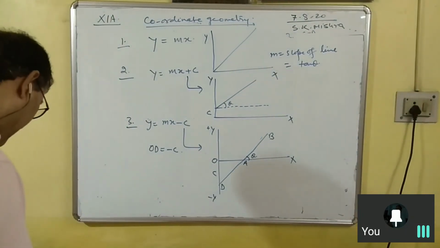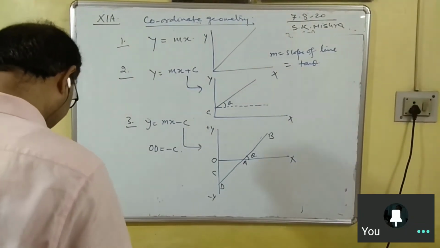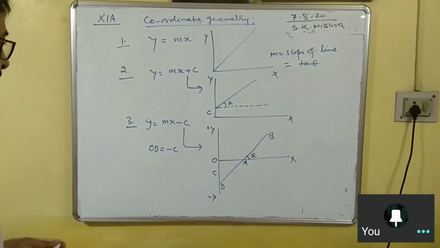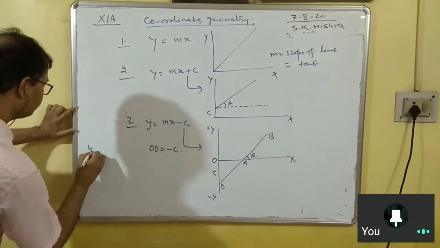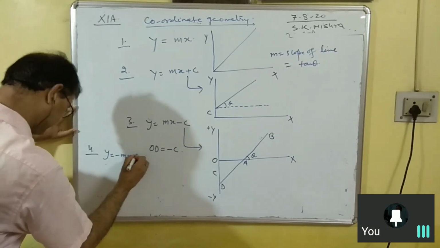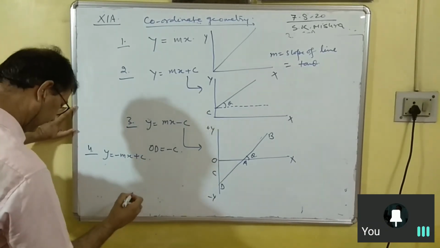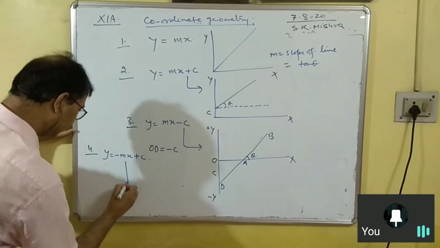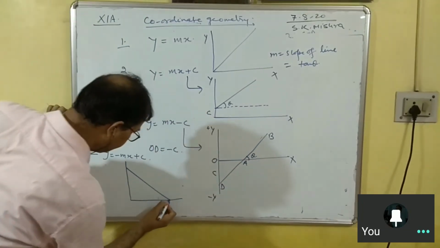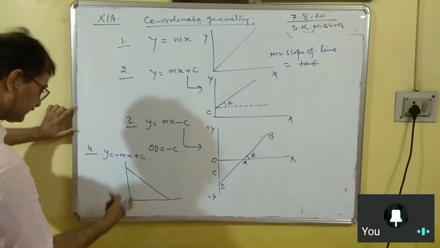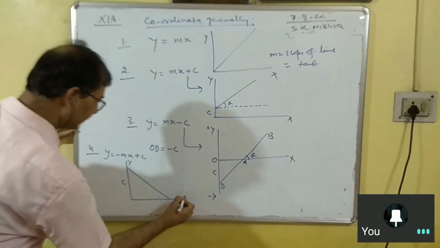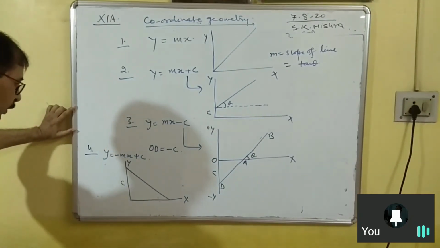And if you have an equation like y is equal to minus mx plus c, so I write here y is equal to minus mx plus c, then the graph comes like this. c is positive, so this part is positive, c, y-axis, x-axis, and the slope is negative.